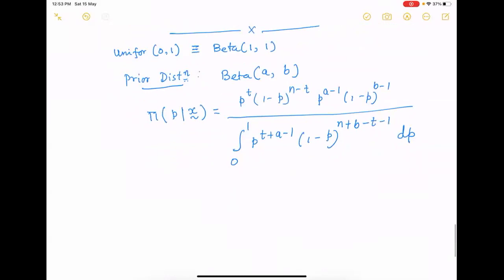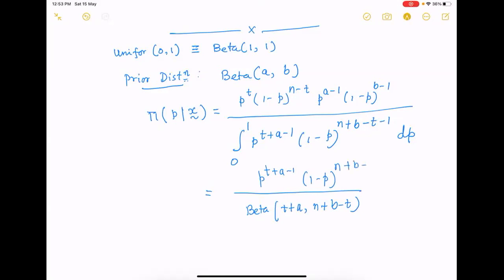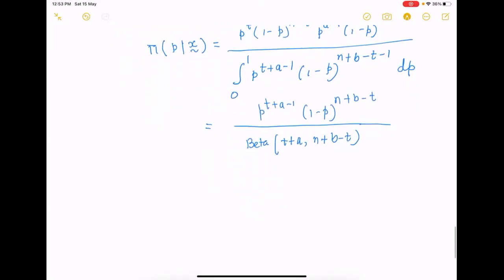So this turns out to be a beta distribution: P to the power T plus A minus 1, 1 minus P to the power N plus B minus T minus 1. So my posterior distribution of P given X tilde effectively follows a beta distribution with parameters T plus A, comma, N plus B minus T.